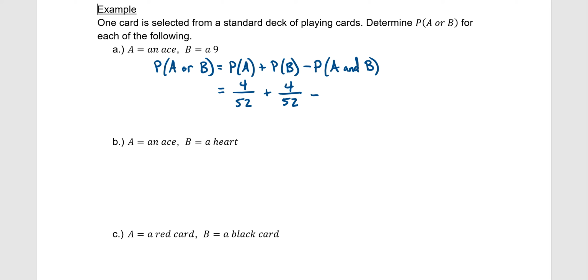So these events are mutually exclusive. It cannot be an ace and a 9, so that's going to be 0. So 4 plus 4, we get 8 over 52. And this actually ends up simplifying to 2 over 13 after we divide by a common factor of 4.